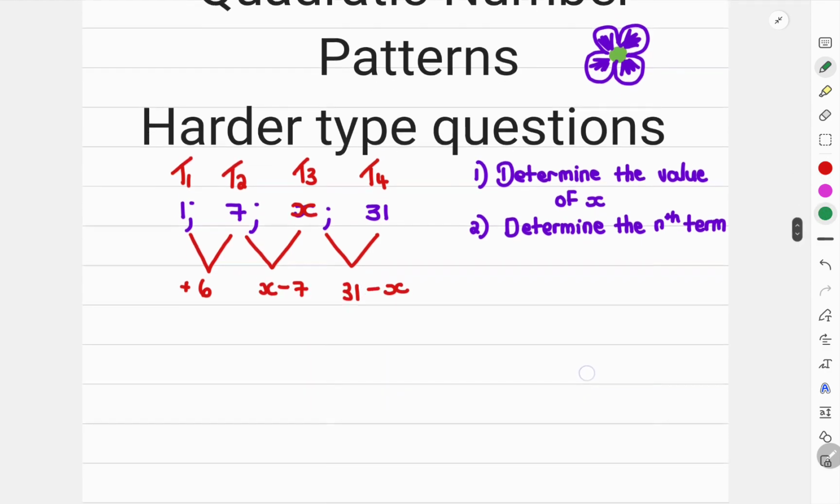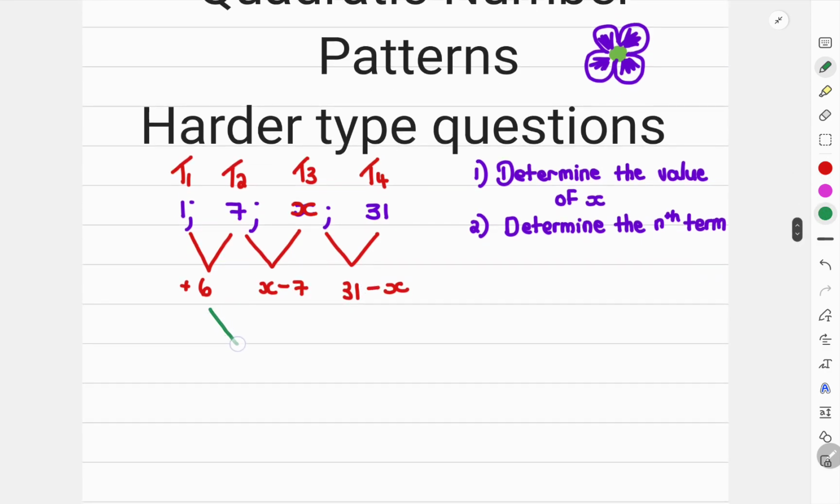But because it's got a second constant difference, we have to go again. And then we say x minus 7, so it's this difference minus the previous difference, minus 6. And for over here, we're going to have 31 minus x minus 7.